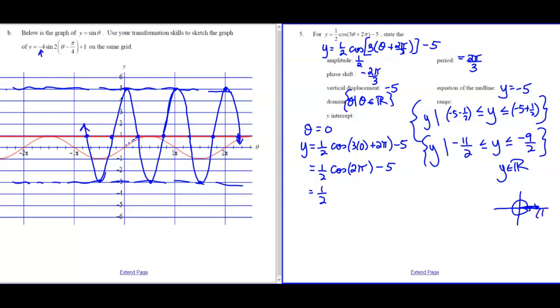That has a cosine of 1 at 1, 0. So the cosine is 1. So 1/2 minus 5 is negative 9 over 2. So that really means, if you take a look at your range, the maximum value is negative 9 over 2, and that's the y-intercept.